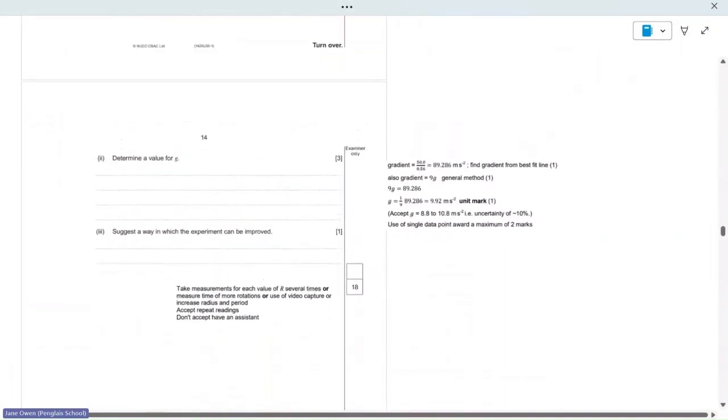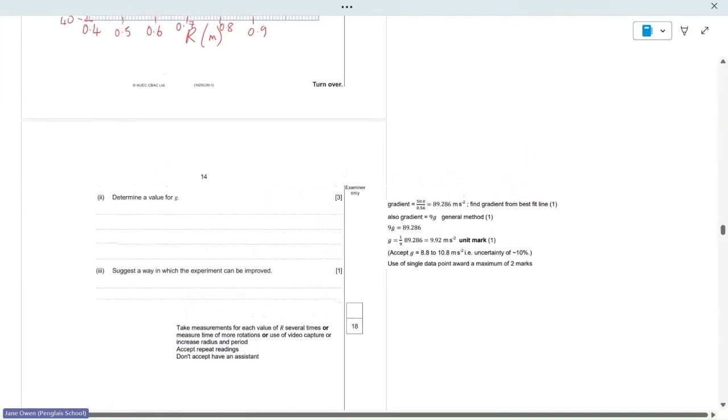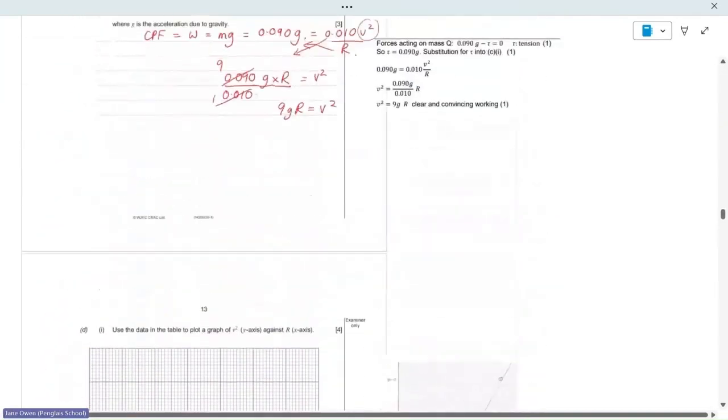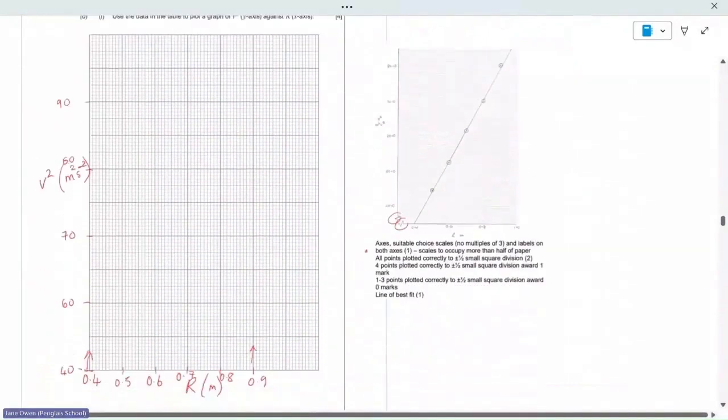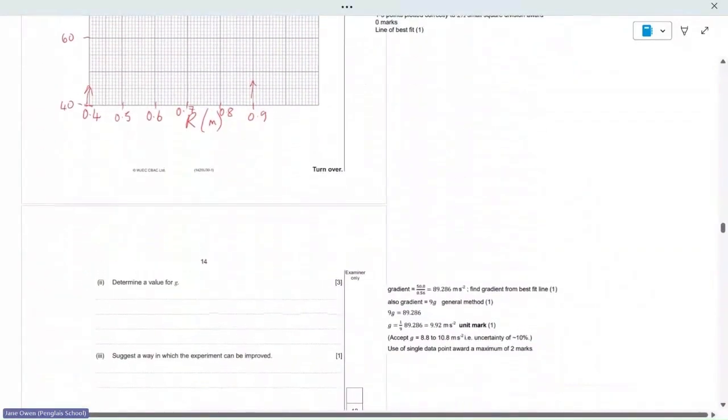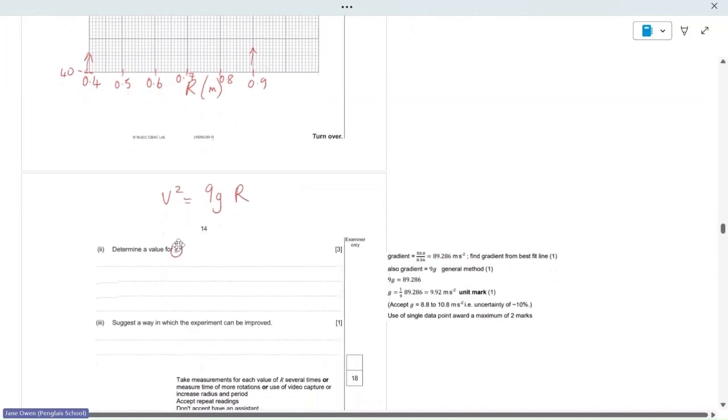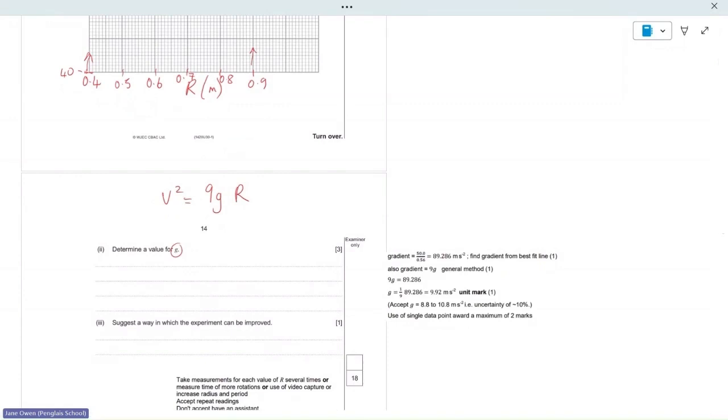So now what we've got is V squared. So we've got the equation V squared equals 9GR. And we want to determine a value of G. And what you want to do is, using the graph that you've drawn, you answer these next few questions.